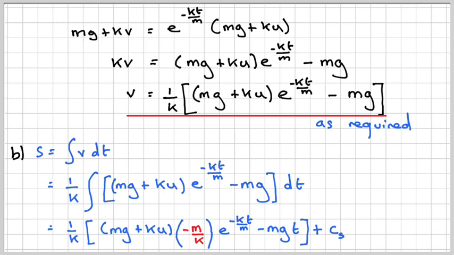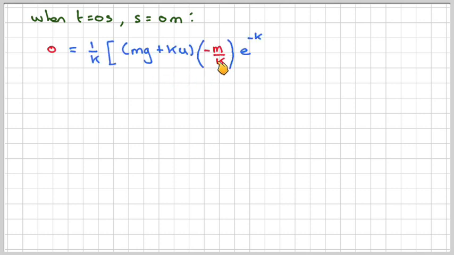Right, so having done this, we now need to find what this constant is going to be. If you're not sure about this bit, pause the video and just check it for yourself. Okay, so when t is 0, s is 0. So we're going to have that 0 is equal to 1 over k, [(mg + ku)(-m/k)e^(-k·0/m) - mg·0] plus c.